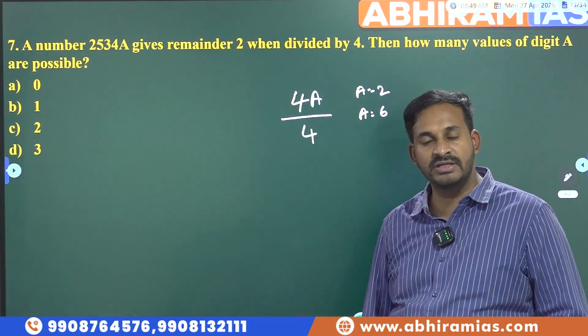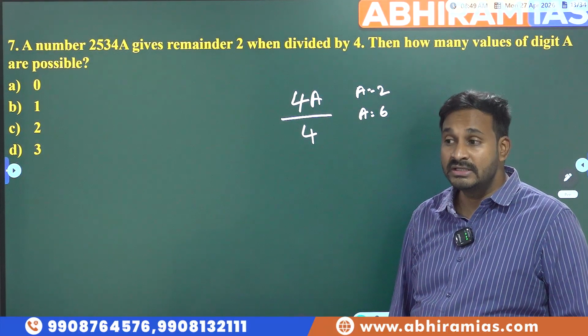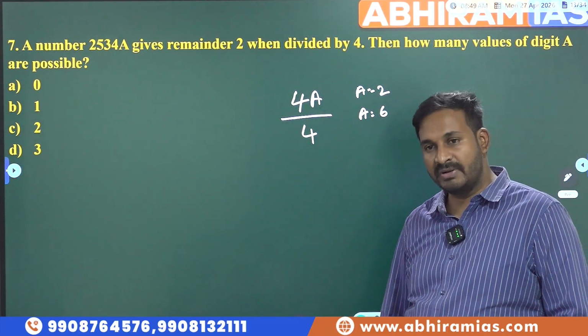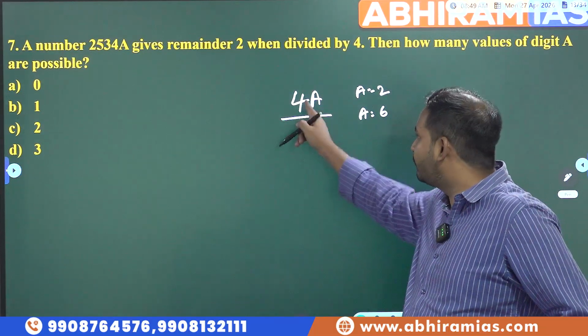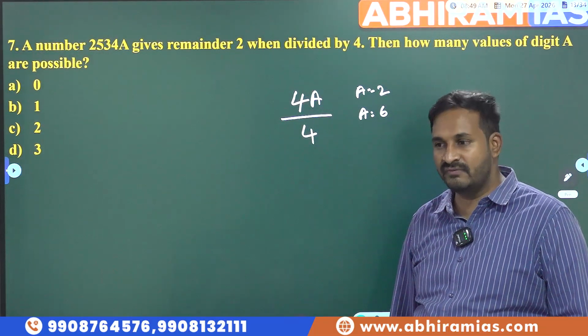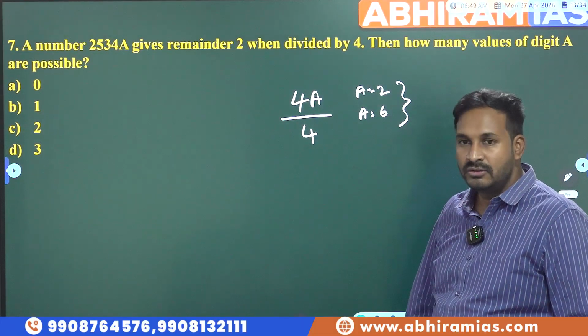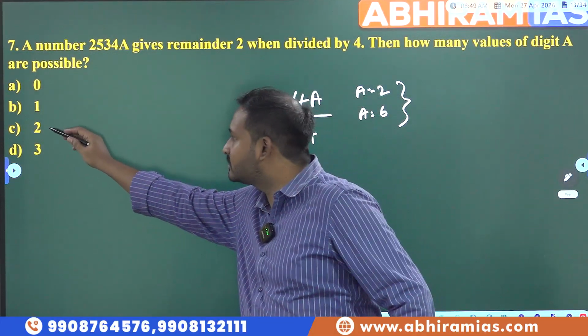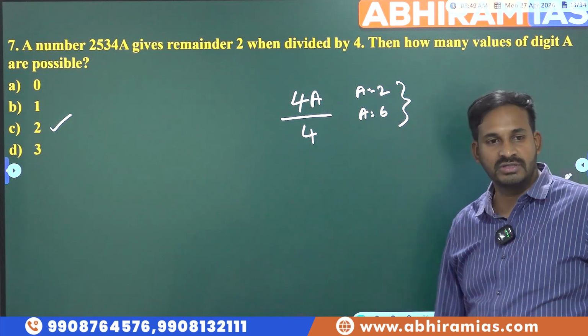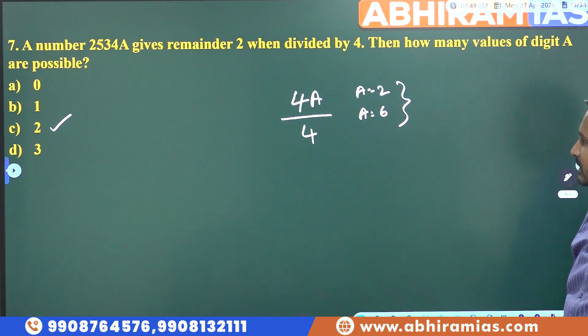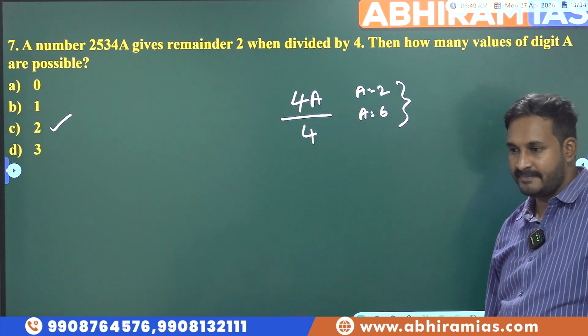Next multiple of 4 is what? 48. So plus 2 means what? 50. 50 means 4 also has to change, which is not possible for us, right? 4 is fixed. So how many values are possible for us? 2 values are possible for us here for a. They are 2 and 6.